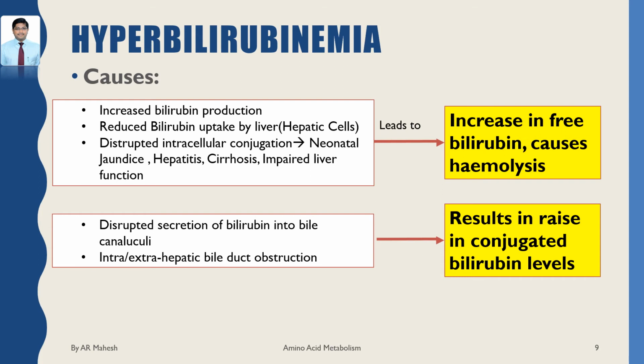When there is hyperbilirubinemia, it leads to an increase in free bilirubin which causes hemolysis. Also, disrupted secretion of bilirubin into bile canaliculi or intra or extra hepatic bile duct obstruction results in a rise in conjugated bilirubin levels, which also results in hyperbilirubinemia.